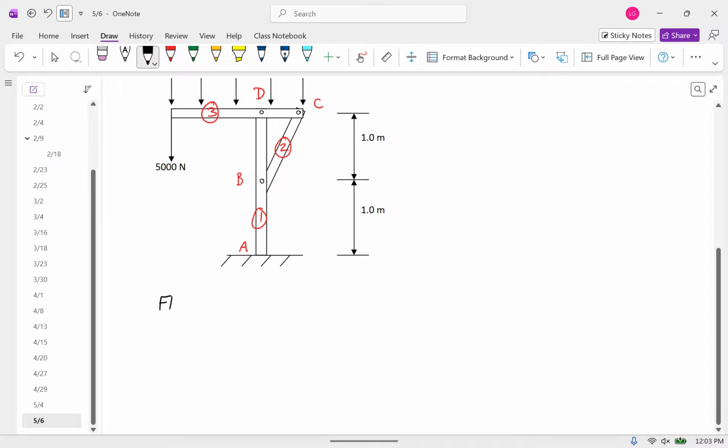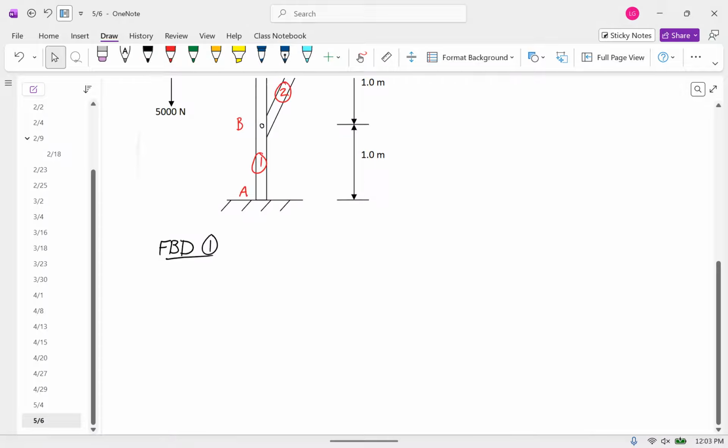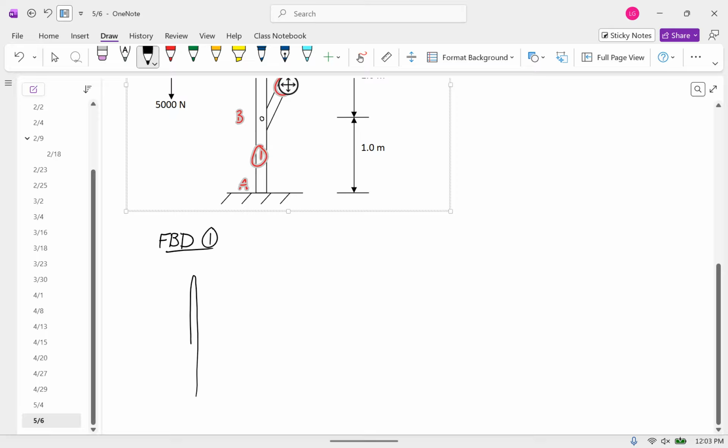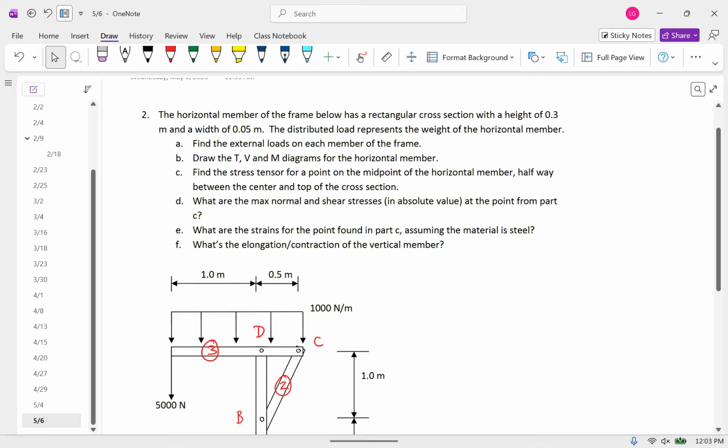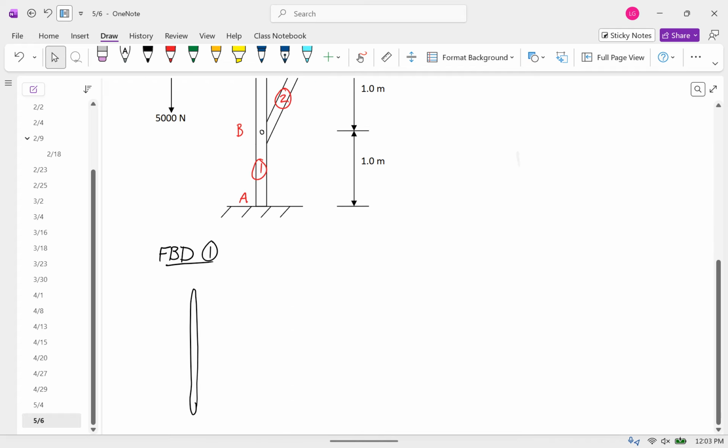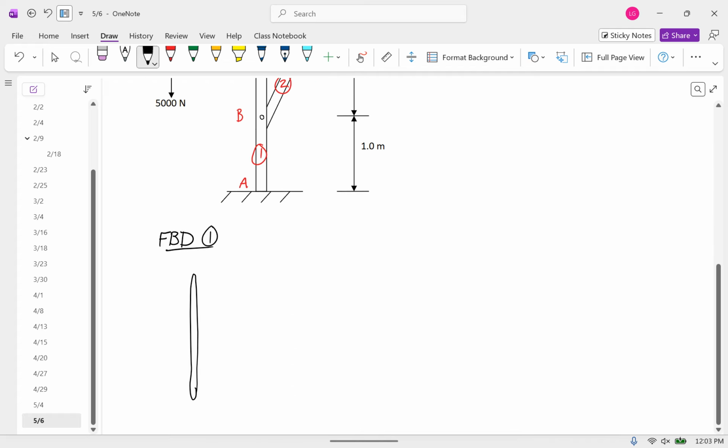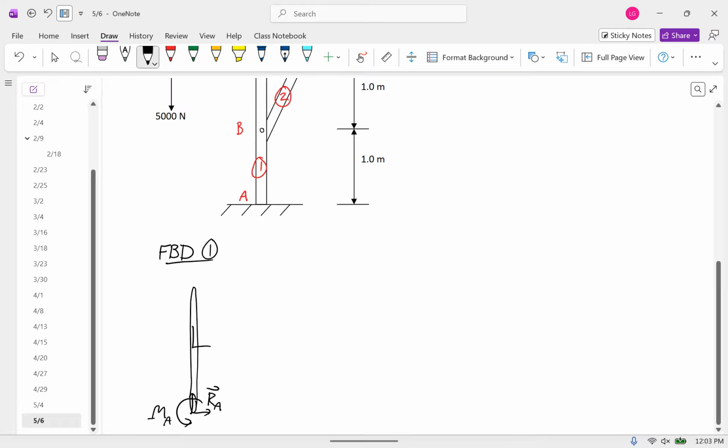So, free body diagram of body 1. I think we're neglecting the masses, hopefully. Looks like it. Down here, this is a fixed joint, so we have a force vector RA and a couple MA. Then at the midpoint, we have the force on body 1 by body 2.